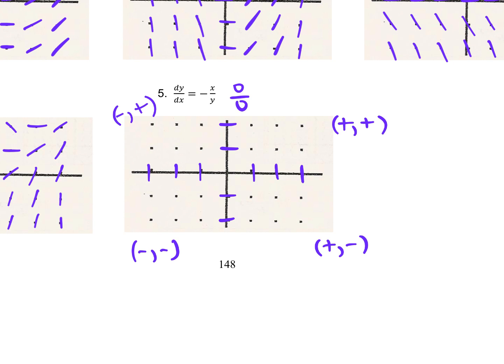Okay? So then as I go through the quadrants. If it's a negative out front, a positive over a positive would usually be a positive, but there's a negative out front, which means it's negative. So I know when my x's and y's are the same, it's going to be -1 in the first quadrant. So I can go up this diagonal knowing that my x's and y's are the same, therefore it's -1.